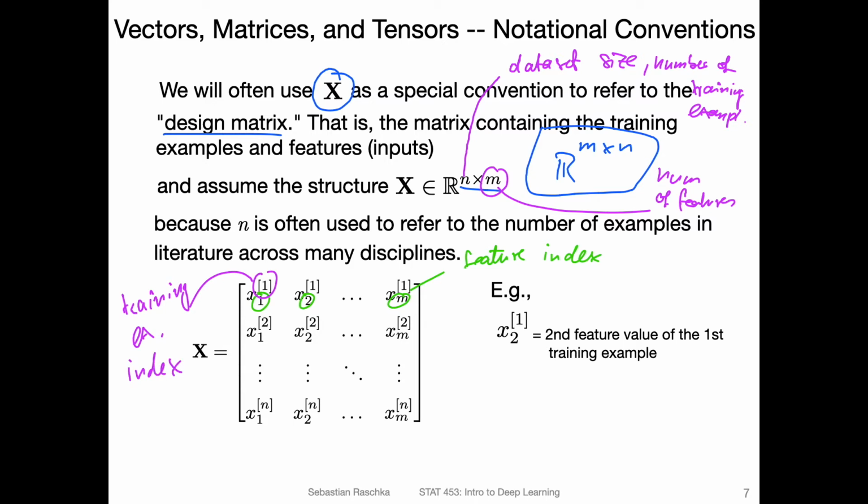So if we have n training examples, then we would have the indices 1, 2, up to n, and here we would have up to m features. For example, in the iris dataset, we would have 150 training examples or data points and 4 features. So this would be m and this would be n.